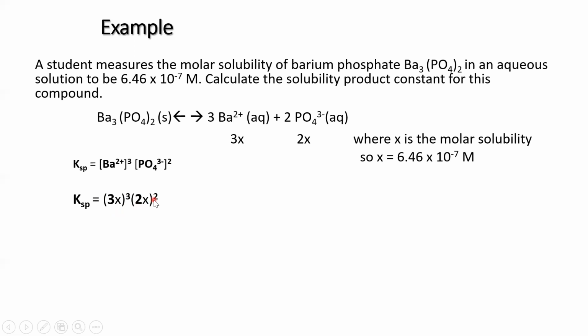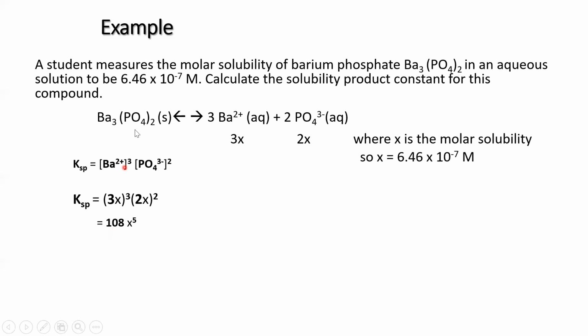Now, 2x squared, we're going to square the 2 and we're going to square the x. So we get 4x squared. So 27x cubed times 4x squared gives us 108 x to the 5th.